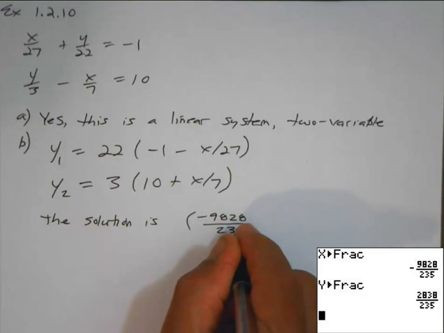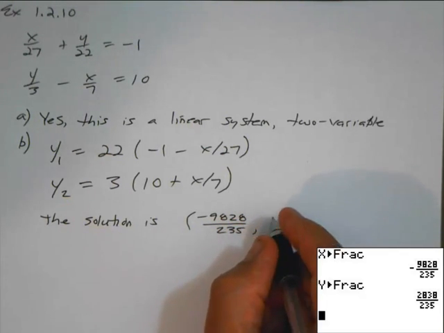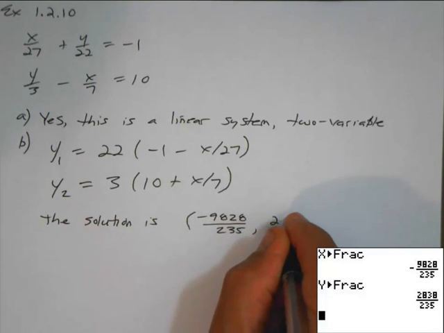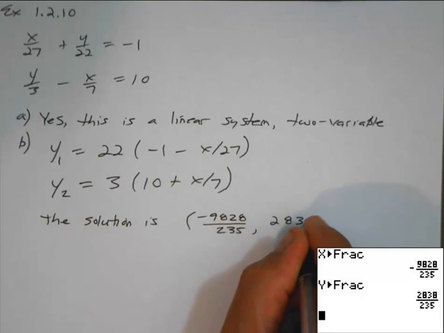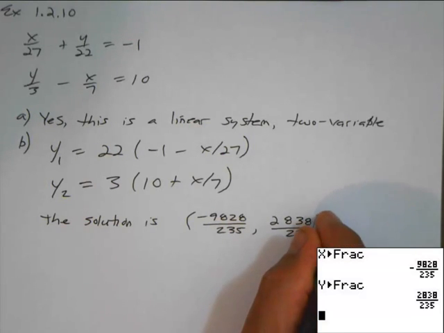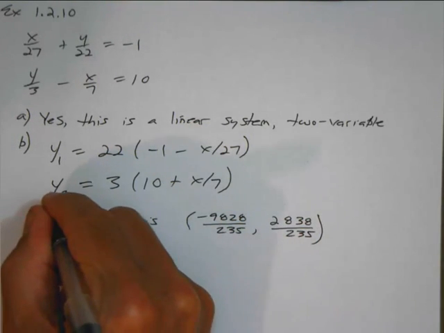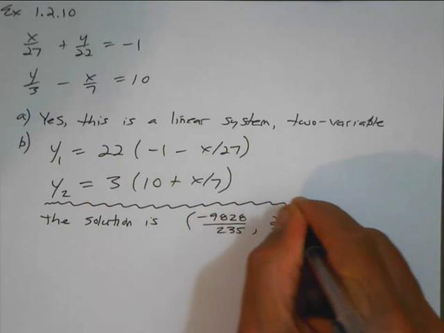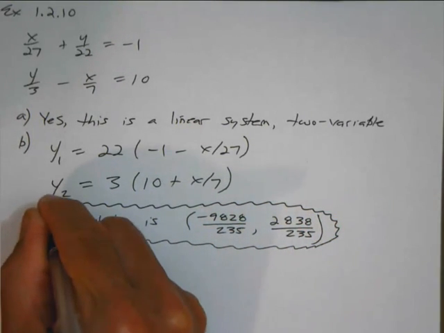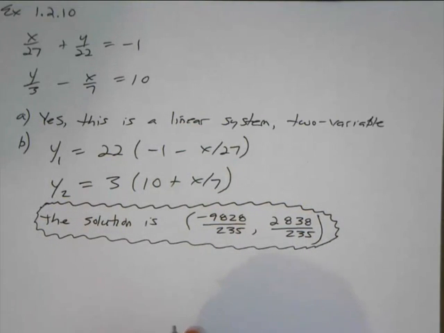The y-coordinate is 2,838 divided by 235. Okay, want to make this prominent. It's a conclusion. Now, maybe it's wrong.